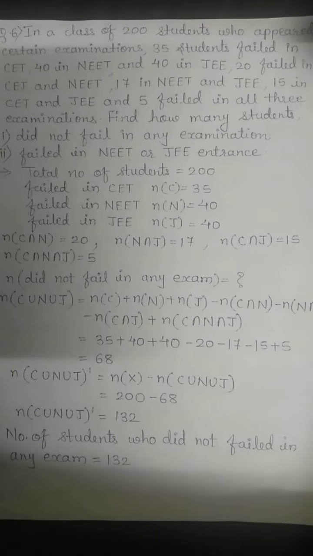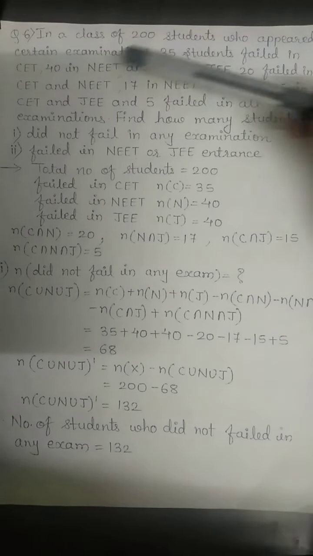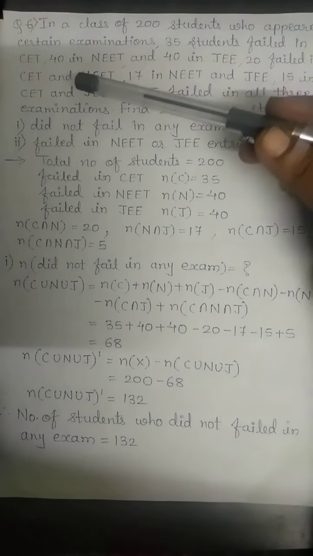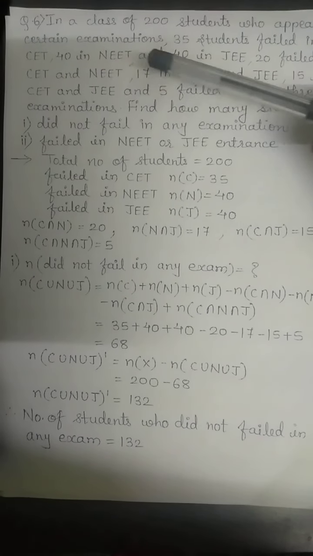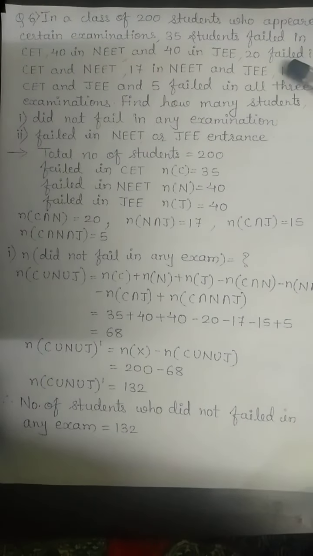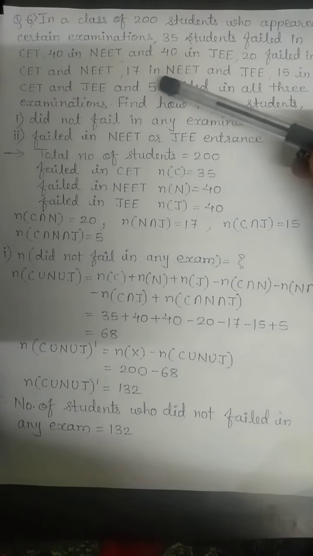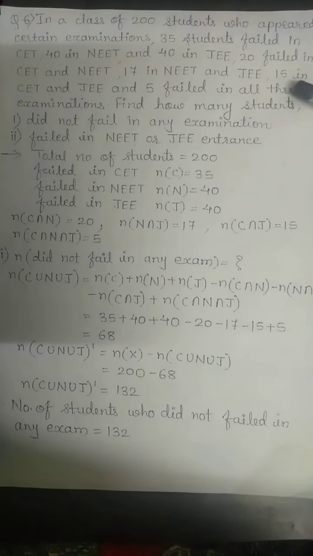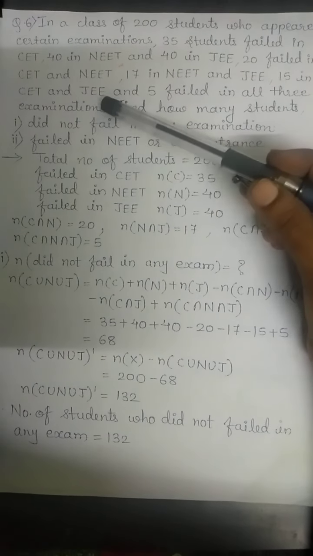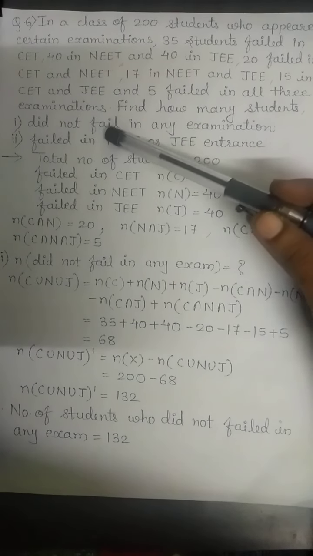So here, in a class of 200 students who appear for certain examinations, 35 students fail in CET, 40 in NEET and 40 in JEE. 20 fail in CET and NEET, 17 in NEET and JEE, and 15 in CET and JEE, and 5 fail in all 3 examinations.